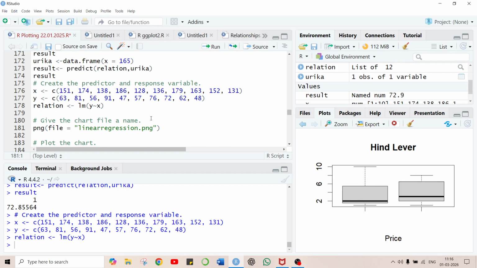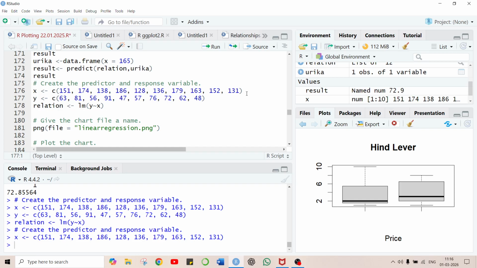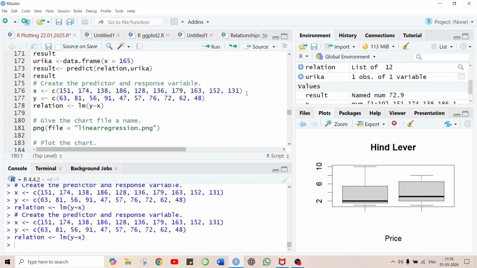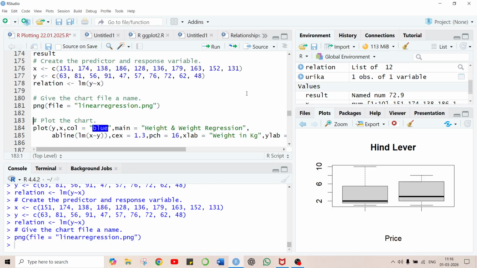So X I am defining, then Y I am defining, relationship I am defining. Now I am naming this file as a PNG file, linear regression PNG. I will plot this. I will say plot Y comma X, where color is blue, main is height and weight regression.